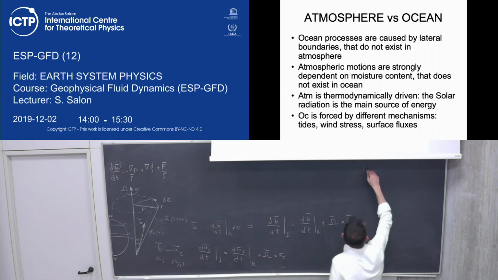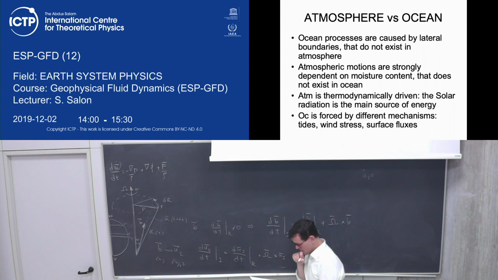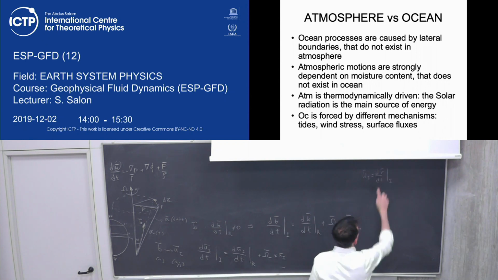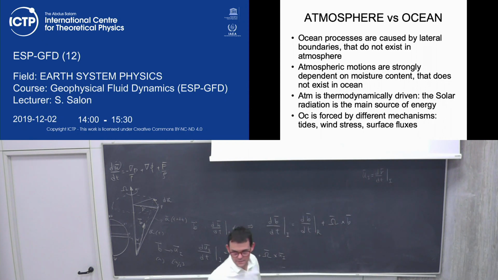But what is ui? ui is nothing more than dr over dt in the inertial frame of reference. So the velocity is nothing more than the variation in time of a specific displacement r.